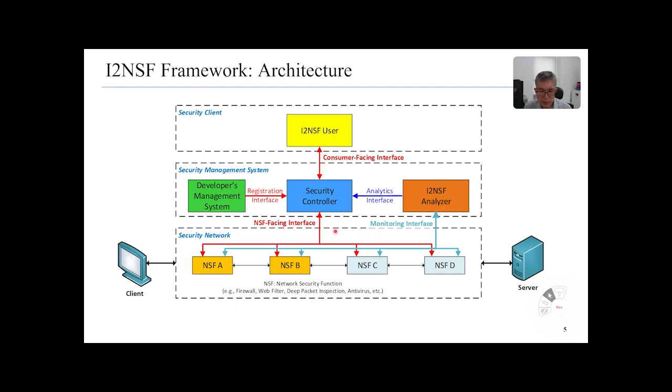At the bottom we have a security network having various network security functions like firewall, web filter, deep packet inspection, antivirus. Those cloud-based security systems can secure the connection between client and server.